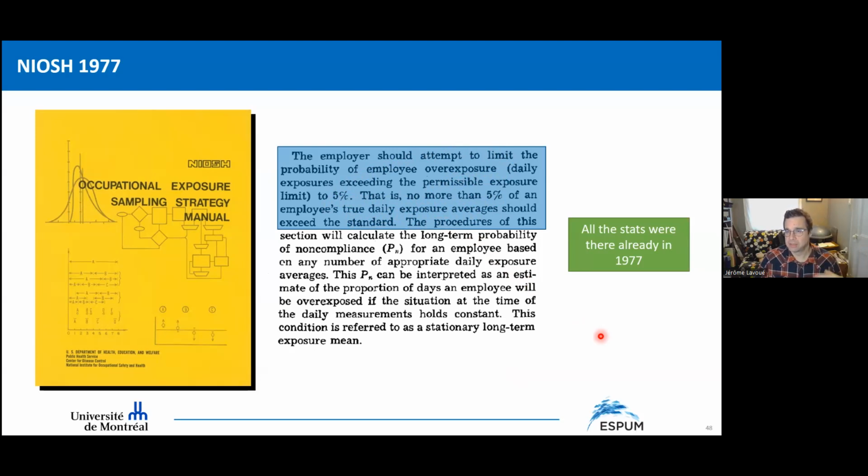And even the statistics were very detailed, with all the equations to calculate the 95th percentile and upper confidence limit, and even the exceedance fraction. There was a very well documented monograph.